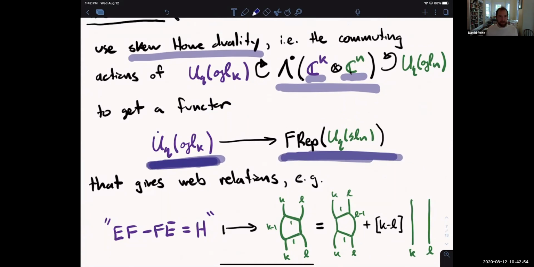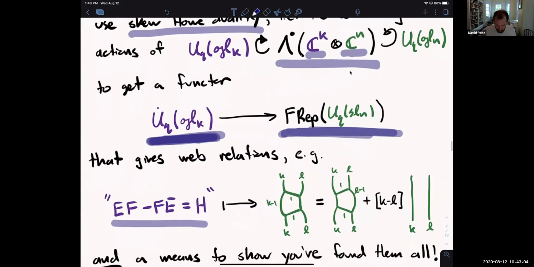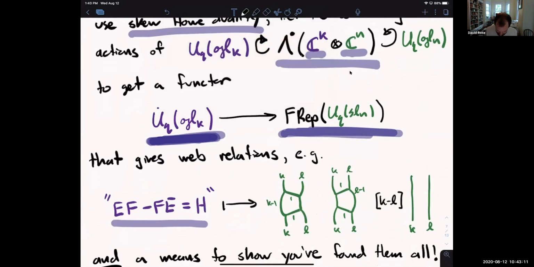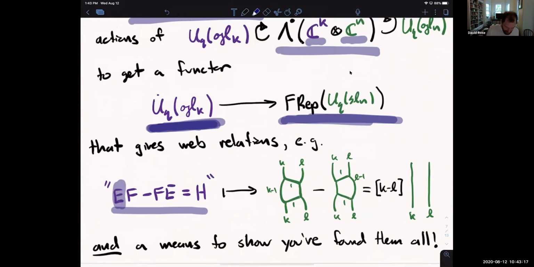One of those basic relations that you learn about SL2 is this EF minus FE equals H relation. And that relation exactly gets transported to a relation between graphs, which says that minus that equals this. So I see this E here is like this bit of the web tilted that way.